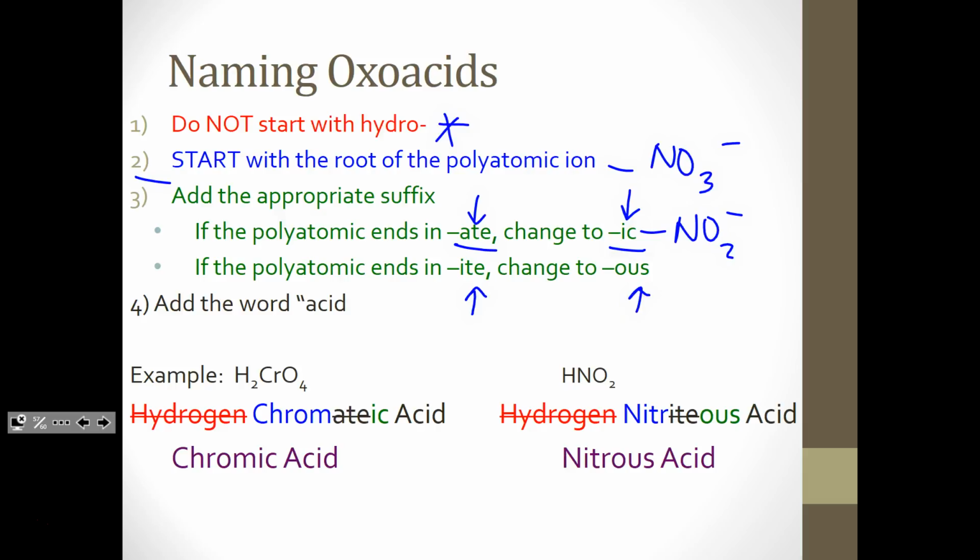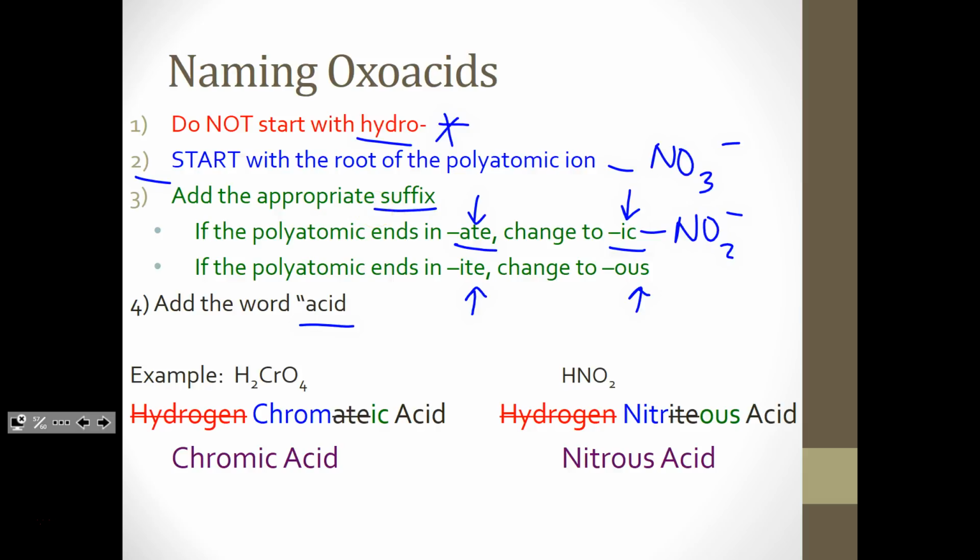Sometimes I like to think, oh, you want to party with us? Ite? Okay, that's stupid. It doesn't work very well. I got nothing. But nevertheless, that's how you can remember it. So, and then you're going to add the word acid. So the two main differences between the polyatomic acids and the binary is step 1, do not start with hydro. And 2, you're going to have different suffixes that you'll have to pay attention to.